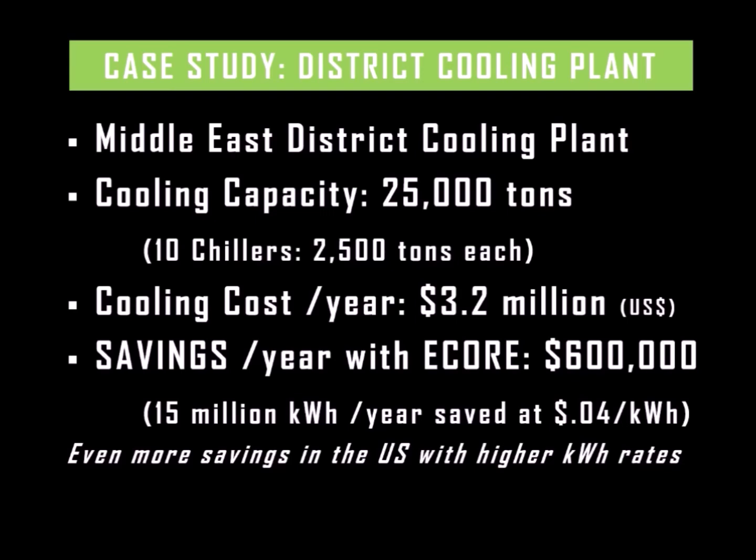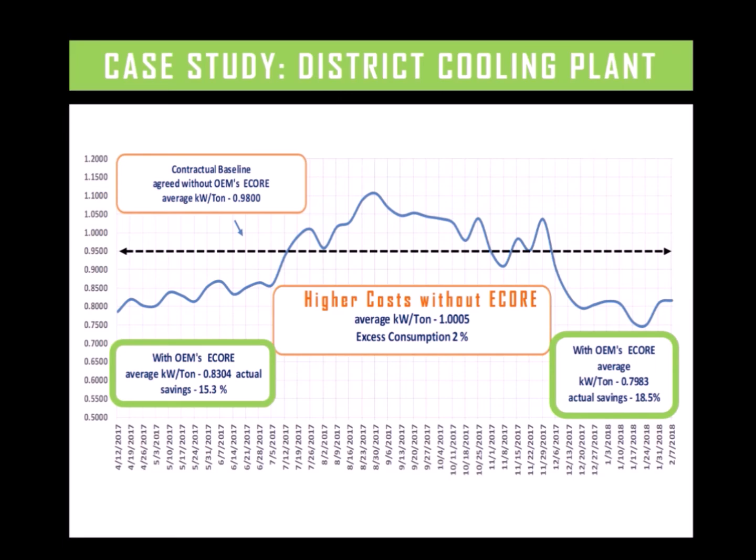That's 15 million kilowatt hours per year, saved at just 4 cents per kilowatt hour. So there's even more savings in the US with higher kilowatt hour rates. This chart illustrates the advantage of ECORE, where there's significantly higher costs without ECORE than with the system.